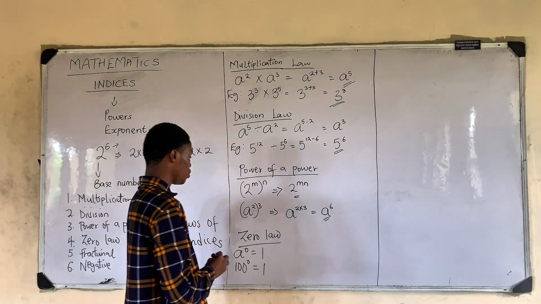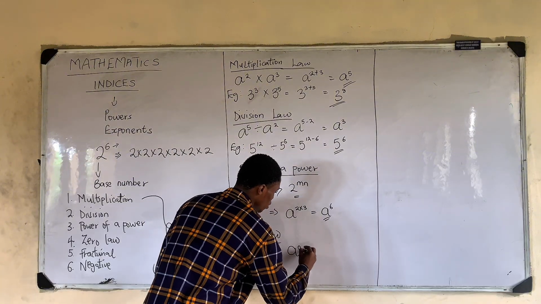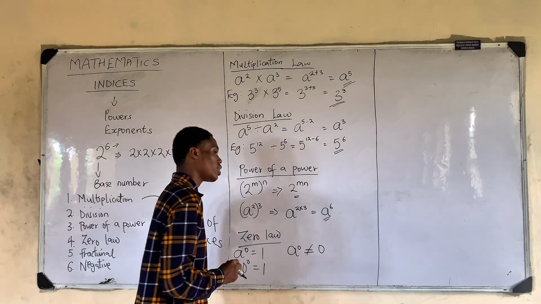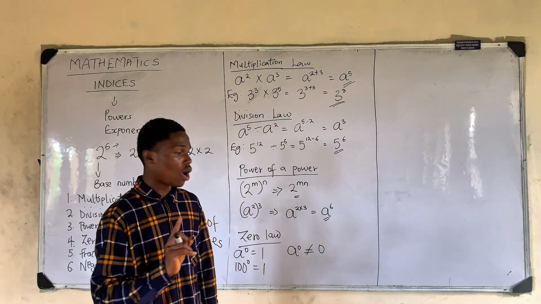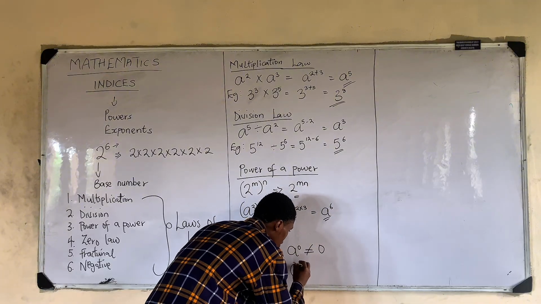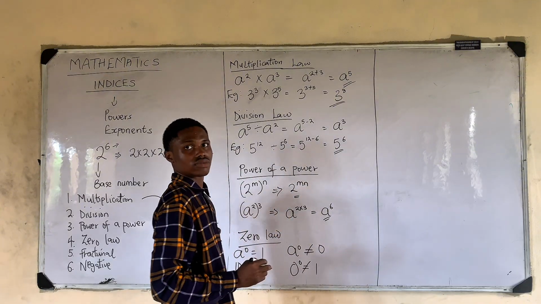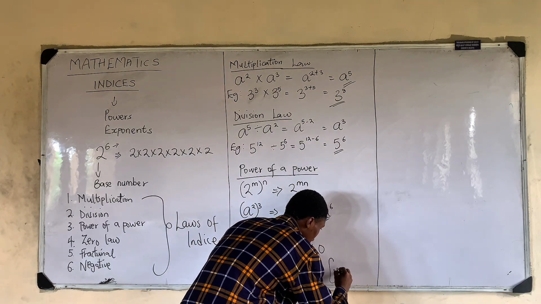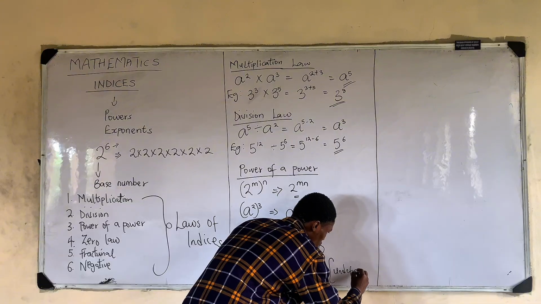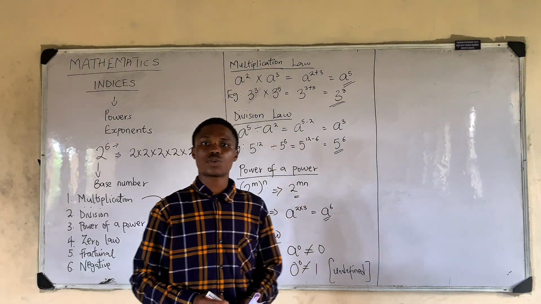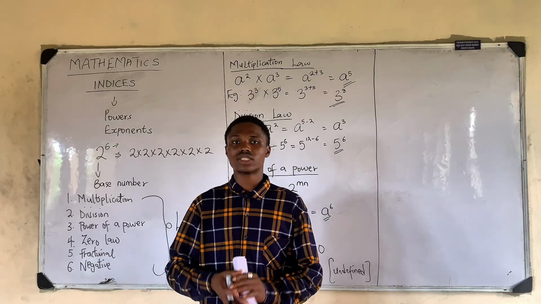But mind you, a to the power 0 is not equal to 0. It cannot give you 0. Rather it will give us 1. Another one you should consider is 0. 0 raised to the power 0 is not equal to 1. Rather, it is undefined. So 0 raised to the power 0 is undefined.